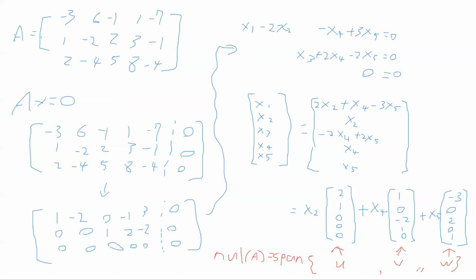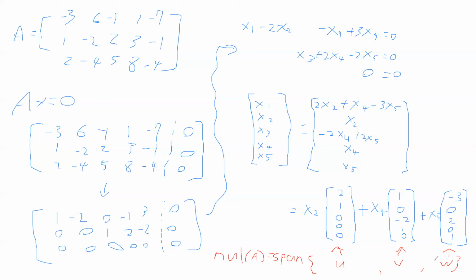Okay, and that's how you find the basis for a null space of any matrix. First, you write it in augmented matrix form, reduce that to echelon form, find your pivot columns, and then solve for those variables using the other variables. And then whatever is left, those are your free variables. Rewrite these as a linear combination using your free variables, and then the resulting vectors, the u, v, and w, are your basis.